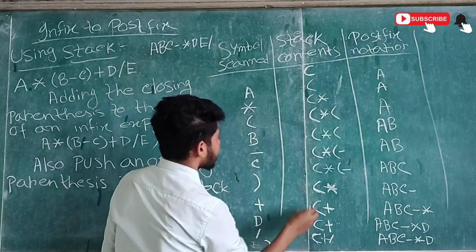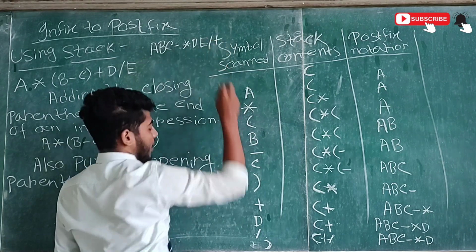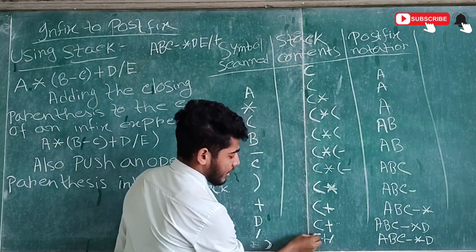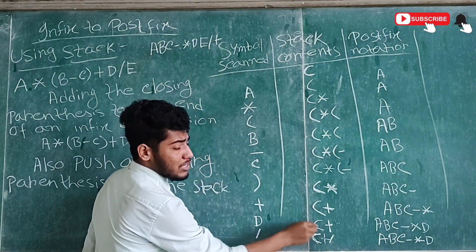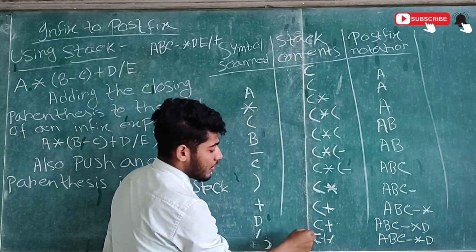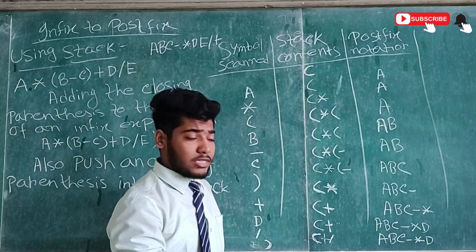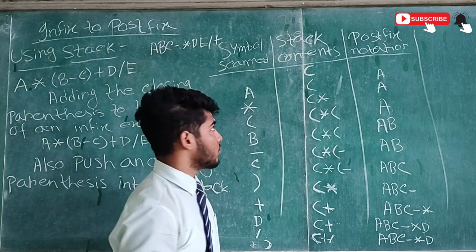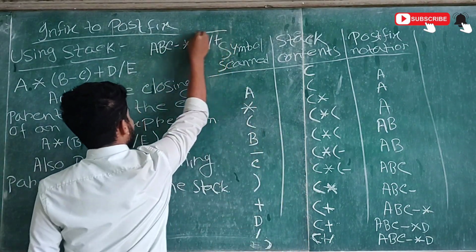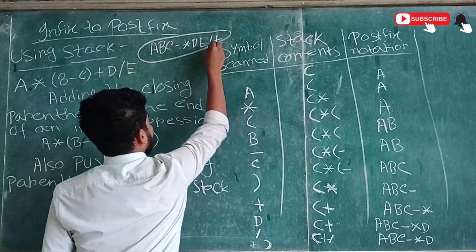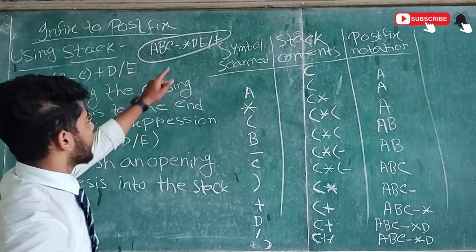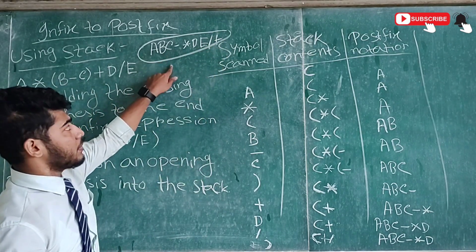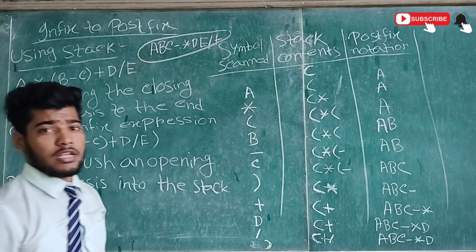Next is plus, so plus comes here. Then the left parenthesis is encountered, so it will stop. And lastly, remove the left or opening parenthesis. So this is the result, the postfix expression of this infix expression using stack.